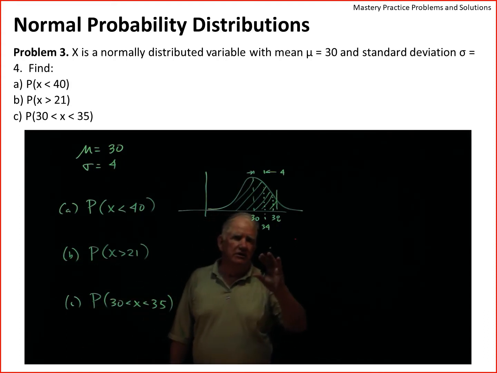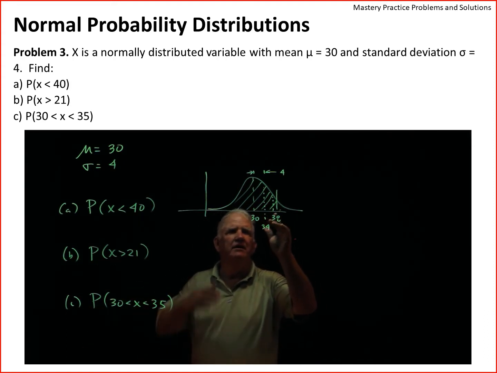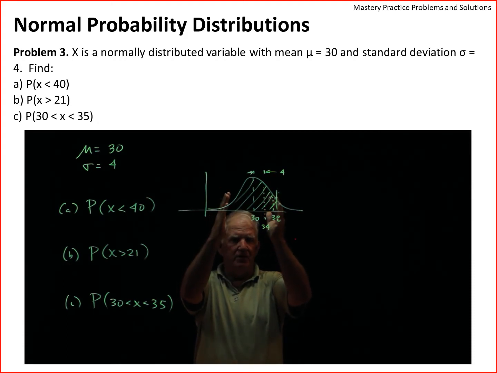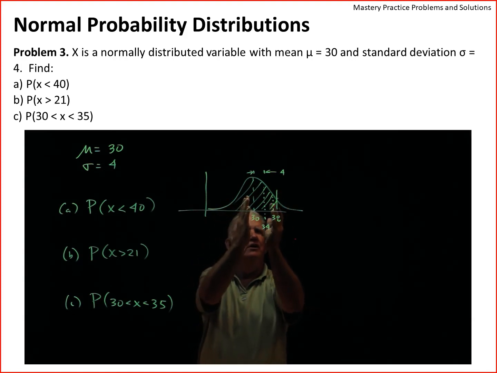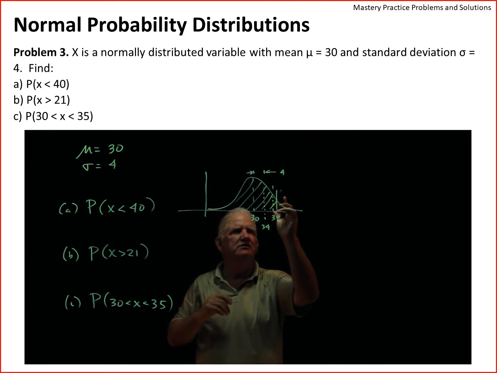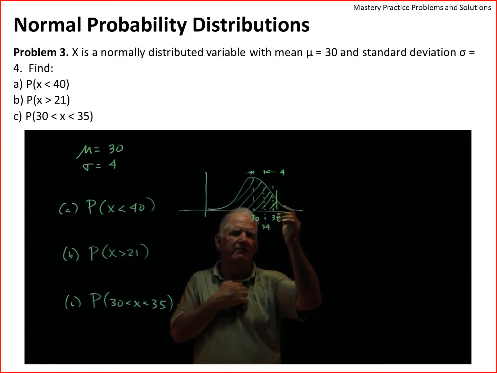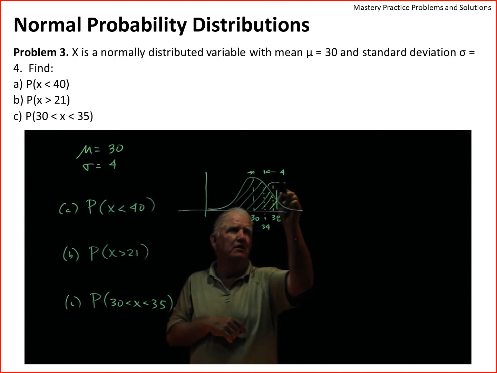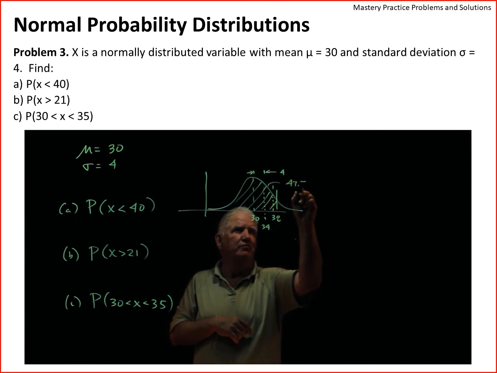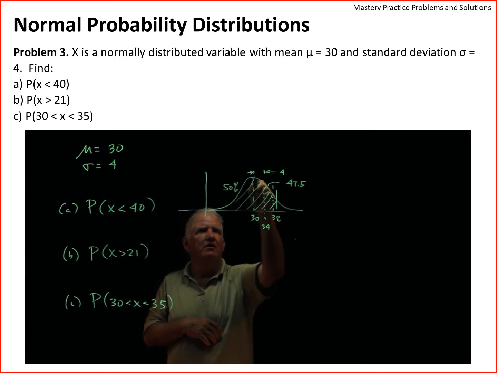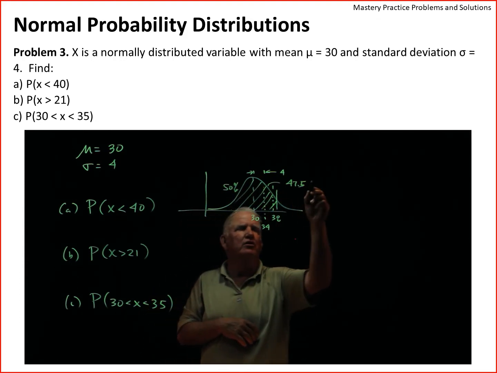Remember that if between 2 standard deviations there is 95% of the data according to the empirical rule, then between the 50% point and this point is 95% divided by 2, or 47.5%. And there's 50% over here from the mean all the way over.